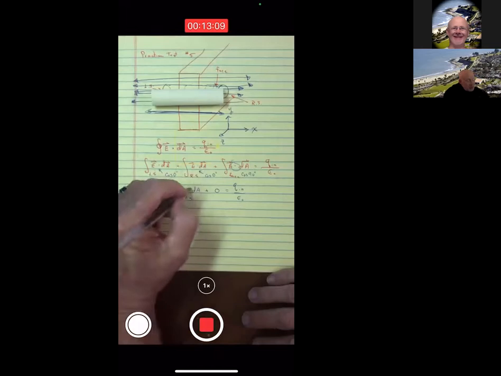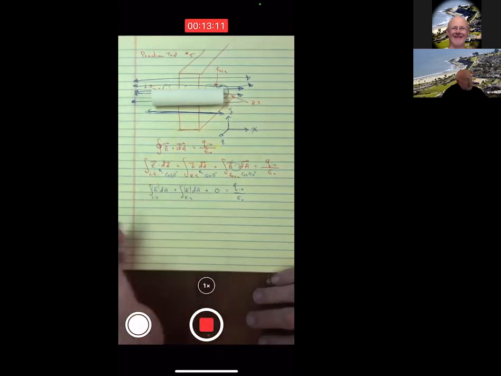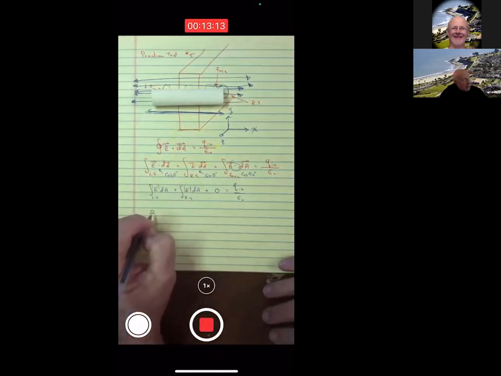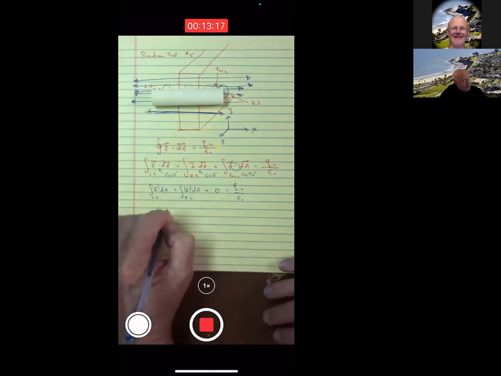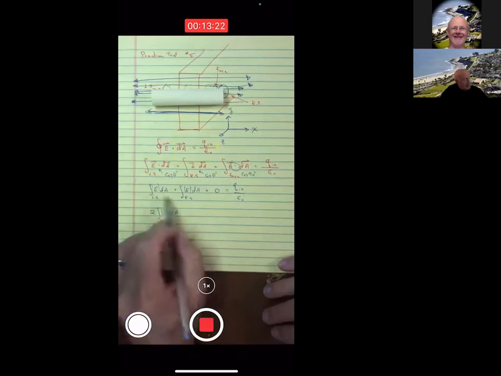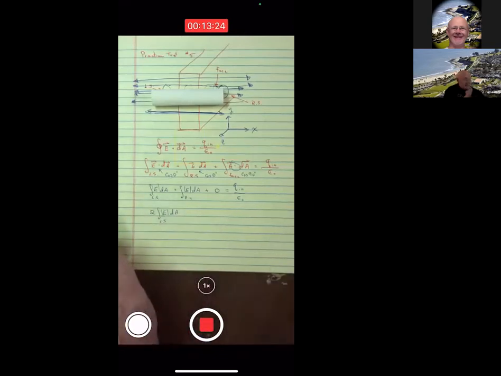So these two E's, left and right, are the same as long as I'm thinking in my mind about it being symmetric. So I'll just leave the left-hand side and double it for the right-hand side.